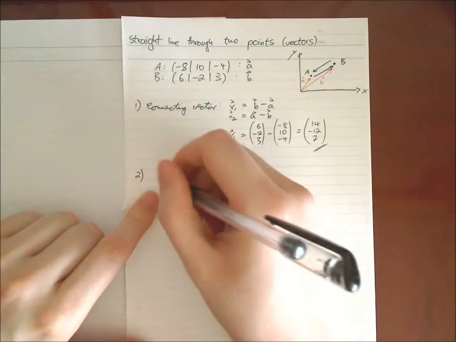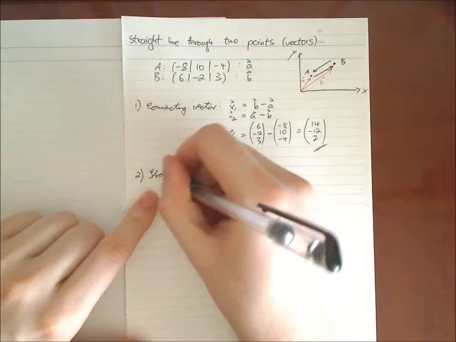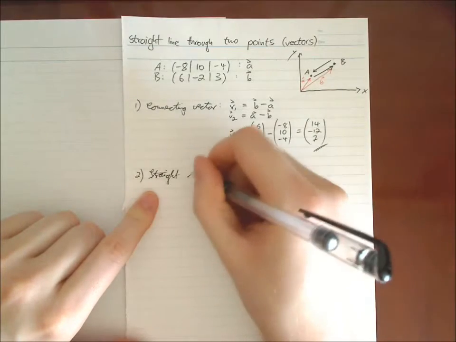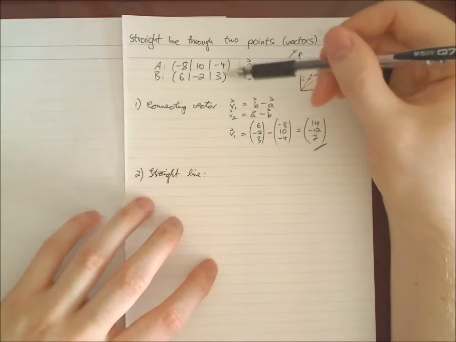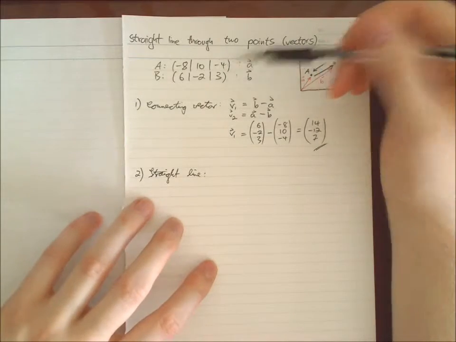We can write down the straight line between those 2 points. Now we can choose either point, it is fine.